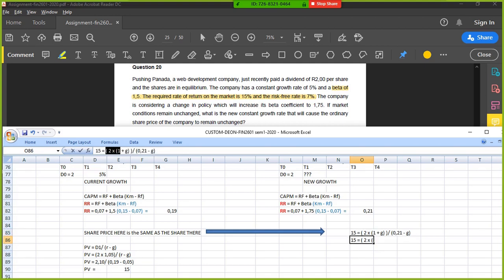So 2 times 1 is 2. 2 times G is 2G. So 2 plus 2G. This is divided, so we're going to multiply. Take that to the other side.